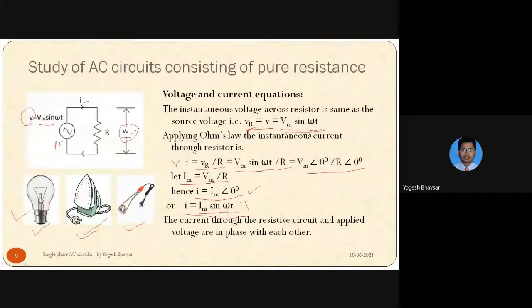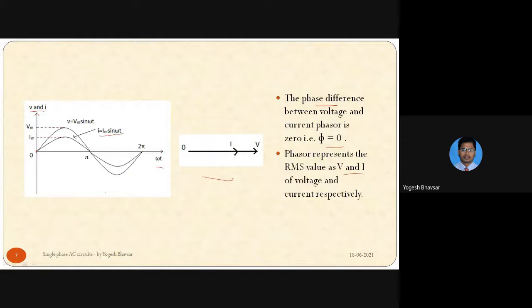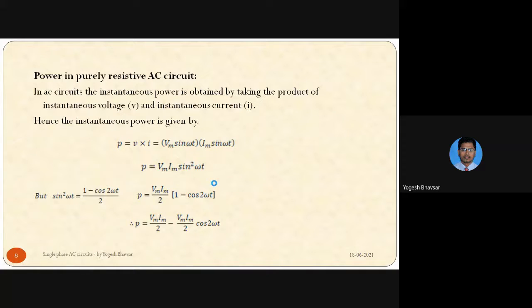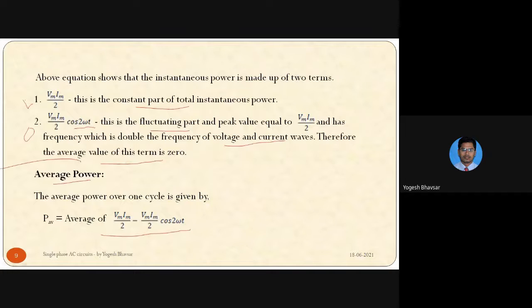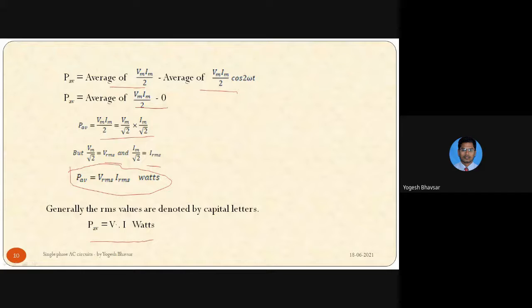So this is about purely resistive AC circuits. We have the circuit diagram for it. Then we have the voltage and current equations. Based on the voltage and current equations, we are able to draw the waveforms and phasor diagram. Then we derived the instantaneous power, P is equal to V into I. By deriving the instantaneous power, we can get the average power, which is V into I in terms of the watt.